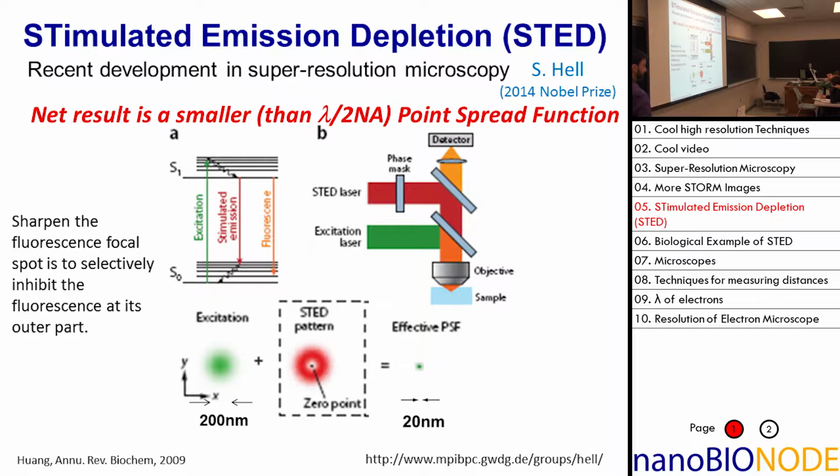Okay, so can you shut off the light? Thank you. So this here is an energy state of a fluorophore. You come in with this wavelength, let's say in the green, and you excite it.